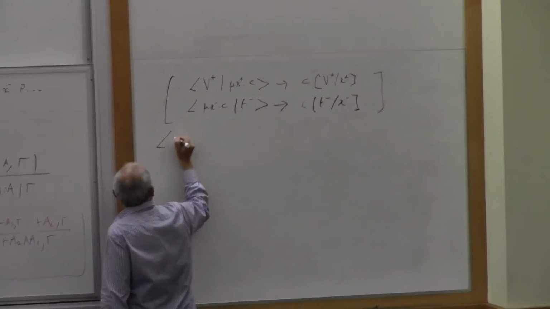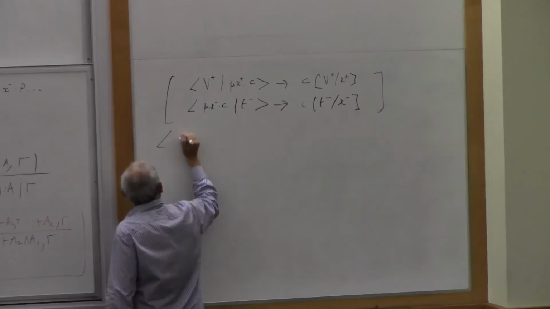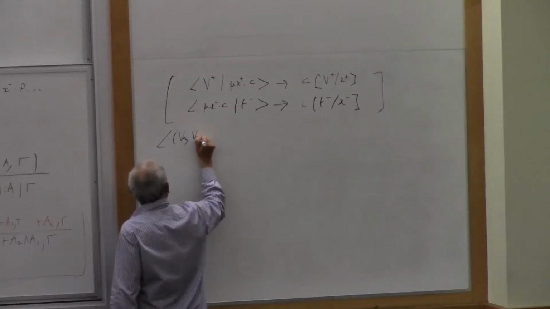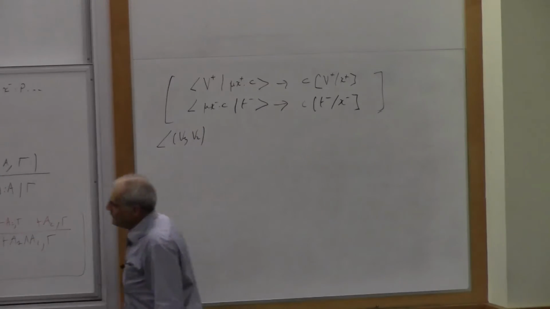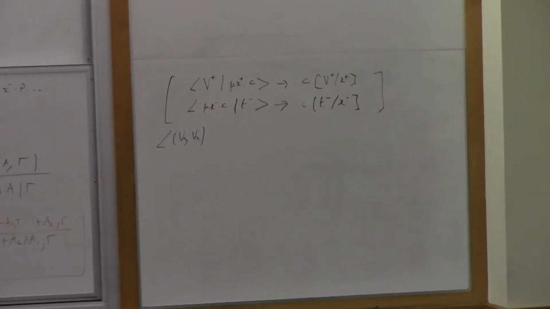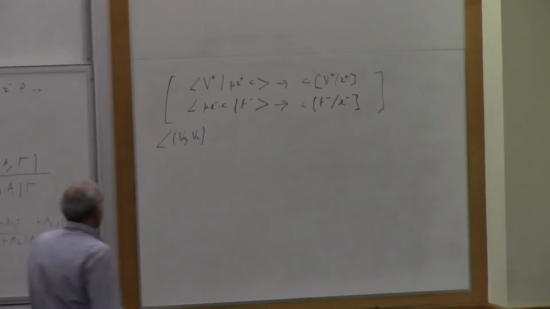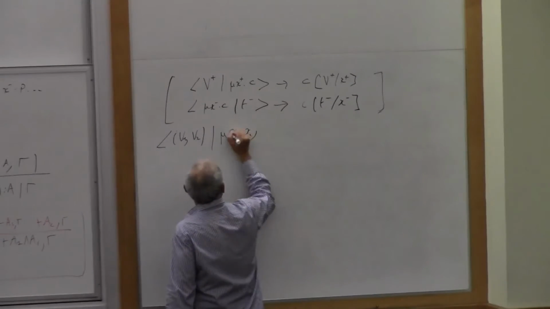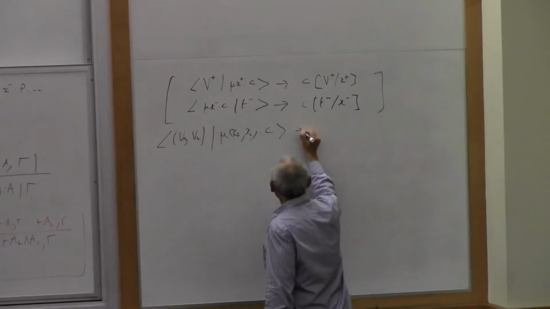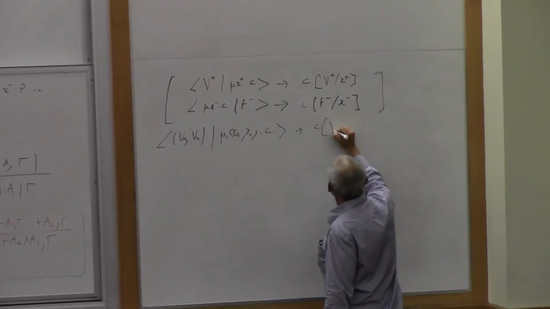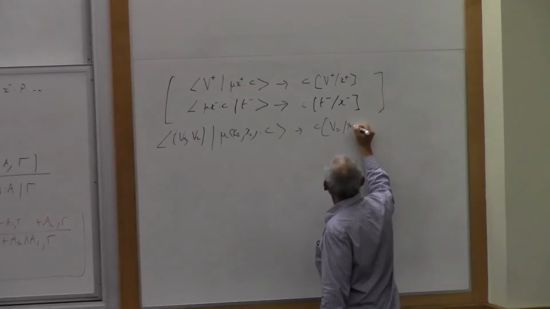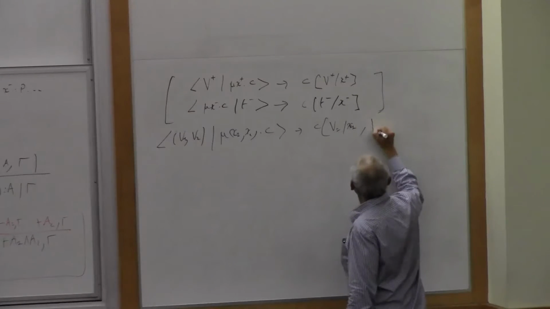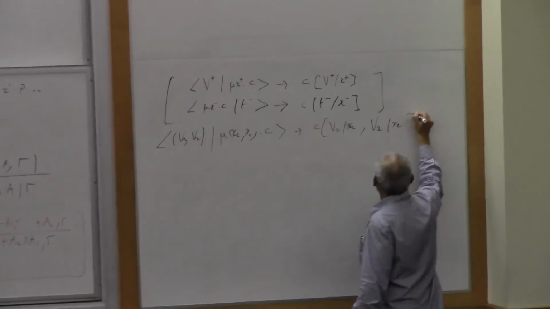So now for a pair, I know that it is V1, V2. Yes. Mu x1, x2, C reduces to C where V1 replaces x1 and V2 replaces x2.